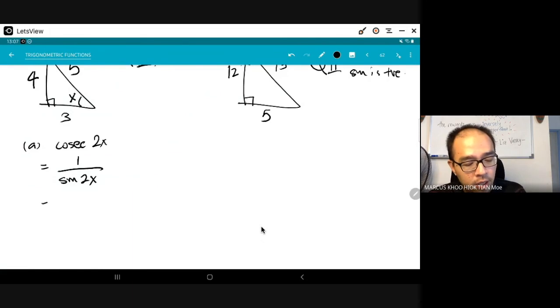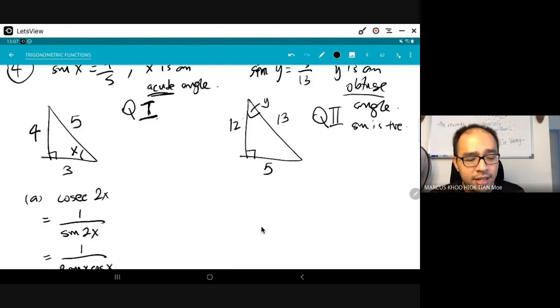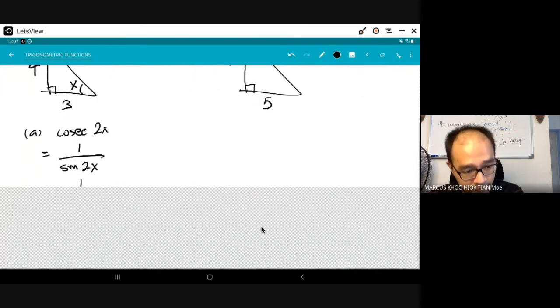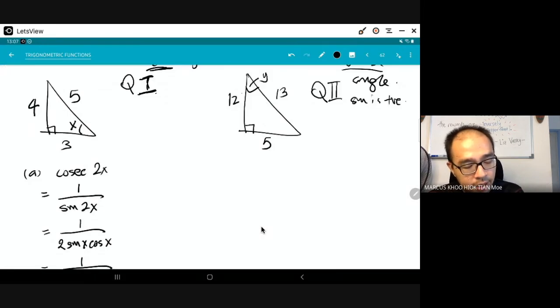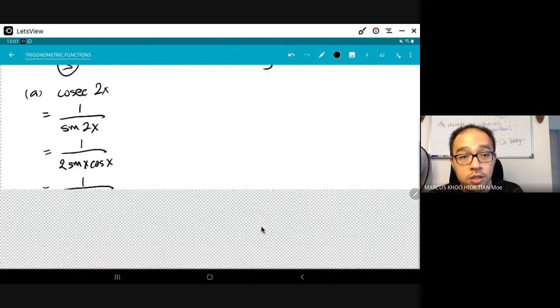Now sine 2x is 2 sine x cos x, so it's 1 over 2 sine x cos x. Do I have sine x and cos x? Of course, you can do it yourself. Sine x is 4 over 5, so 1 over 2 times 4 over 5. What is cos x? Cos x is adjacent over hypotenuse, so 3 over 5.